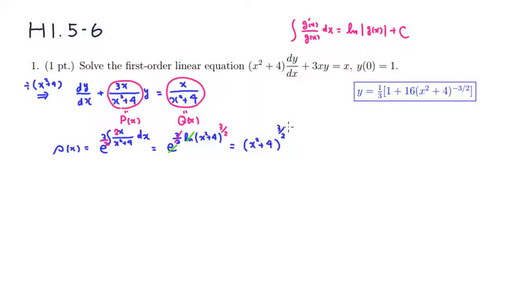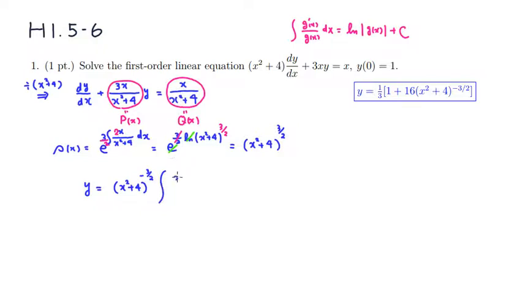So y is equal to 1 over rho, the reciprocal of that. I'm going to simply write it as the quantity x squared plus 4 raised to the negative 3/2 power. Then we need to integrate.